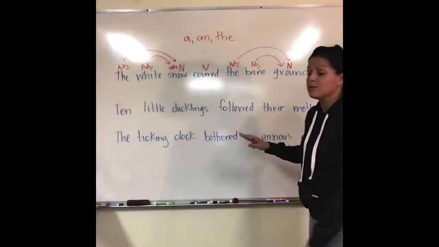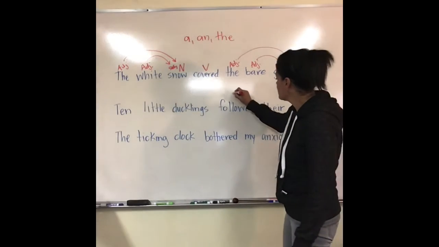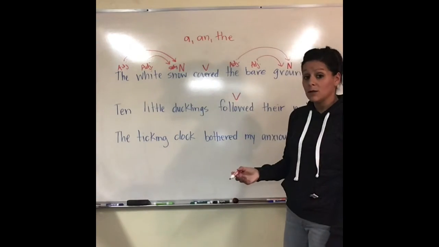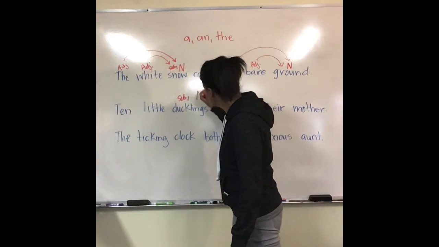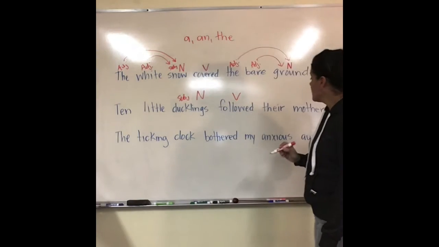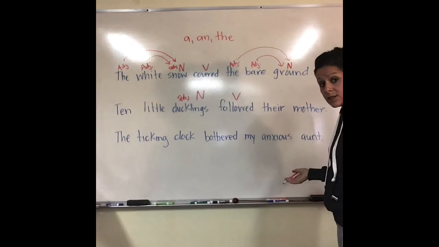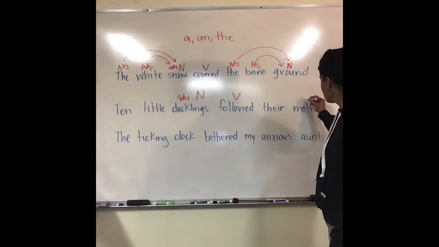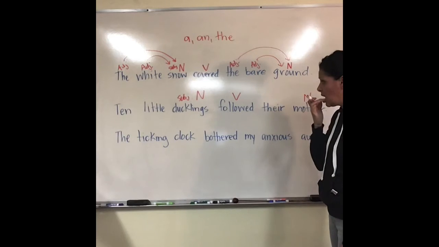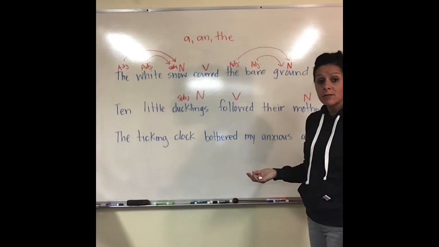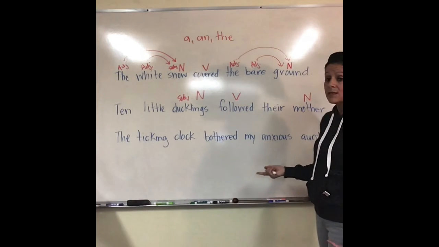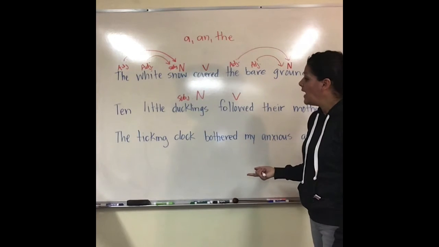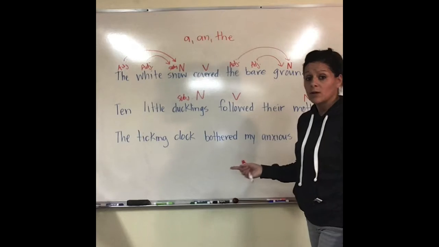Again, let's look for the verb first. Followed. Who followed? Ducklings, so they're the subject, but they're also a noun. Then we look for any other nouns that are in the sentence, and if you looked, mother would be a noun. Then we'll look for any pronouns. No pronouns. Automatics. I was using automatics in this sentence. And then we're going to look for our adjectives using our questions.